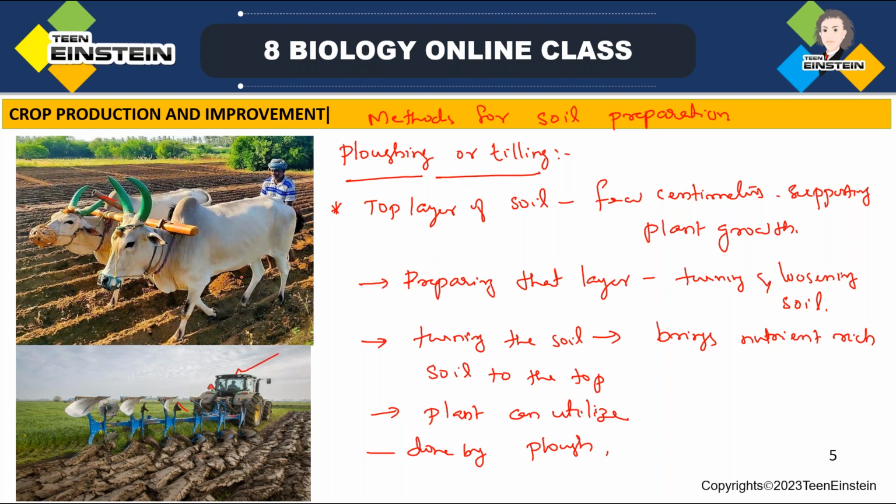See, here one single plow will be there. Instead of that, at the same time you can save the time, right? You can do a very large field within limited time, because this is a machine connected to the tractor or something like that, and you are doing multiple lines at a time.